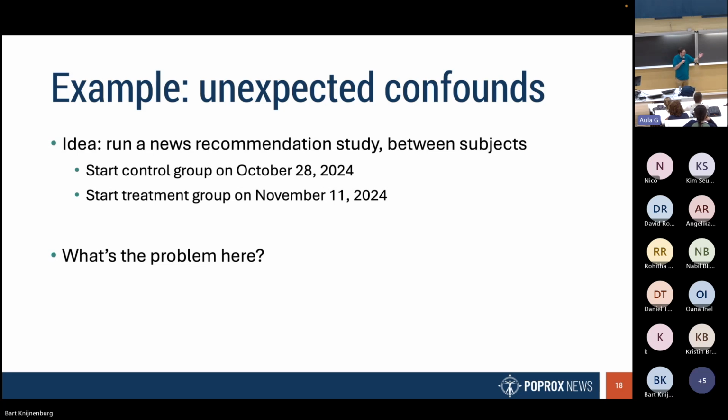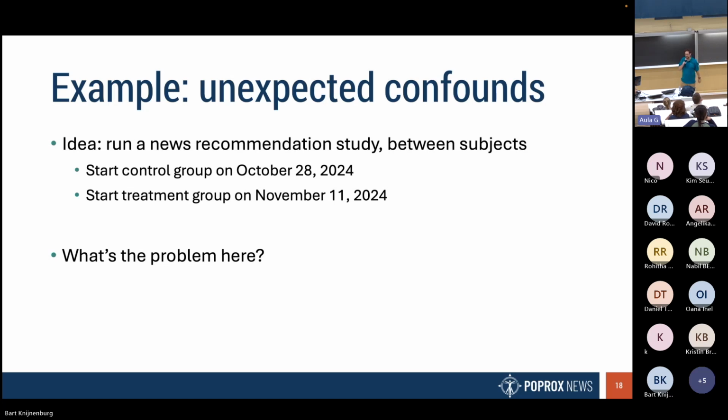News is actually a really good example of this. So PopRocks is a US news platform, and let's say we would run a study and we start our control group on October 28th. We let it run for about 2 weeks, and then on November 11, we start our treatment group. What's the problem here?